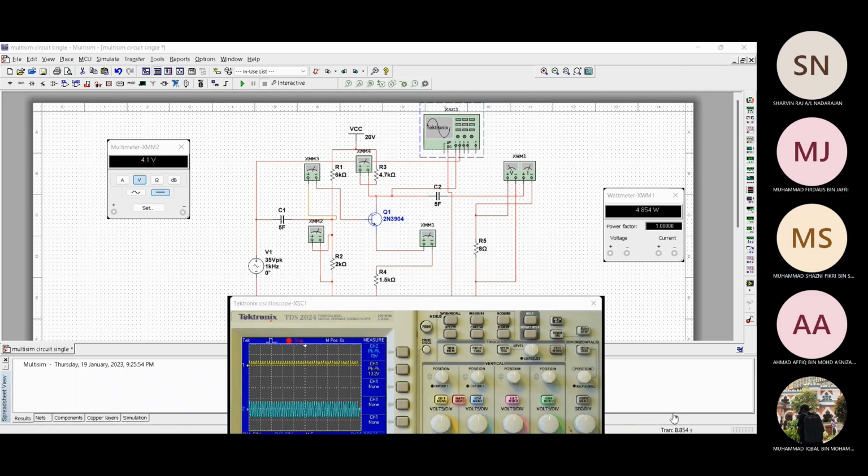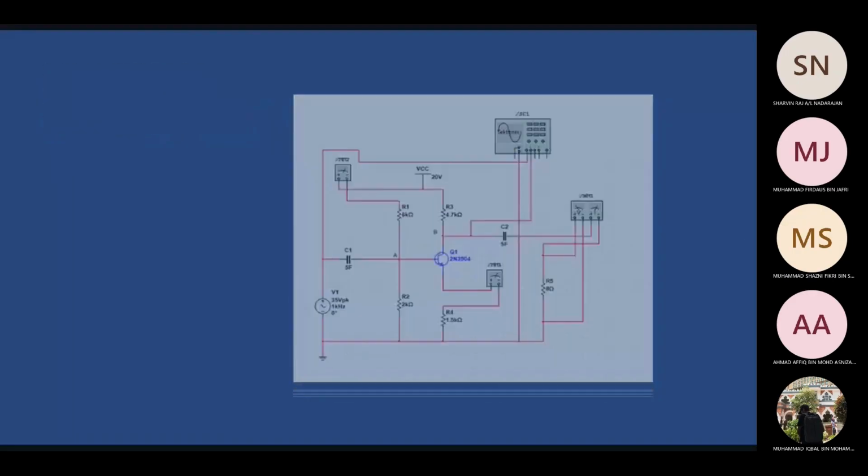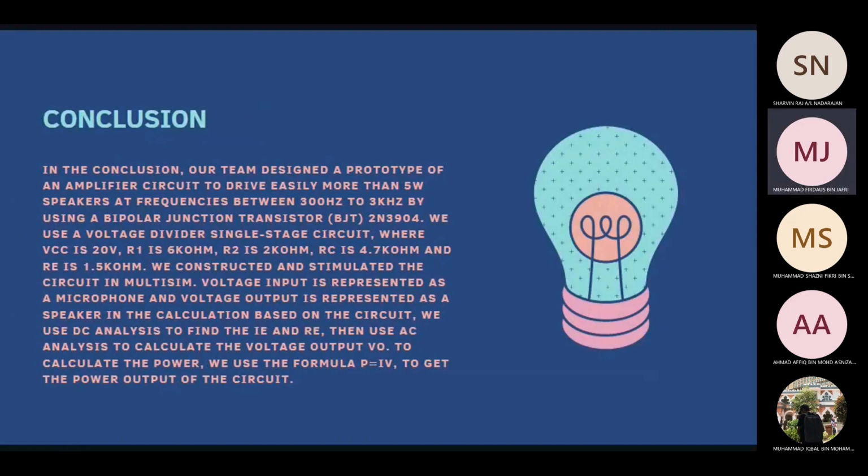Next, for the conclusion. In the conclusion, our team designed a prototype of an amplifier circuit to drive easily more than a 5 watt speaker at frequencies between 300 Hz and 3 kHz by using a bipolar junction transistor, BJT 2N3904.